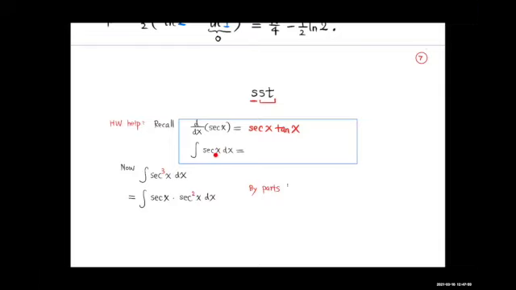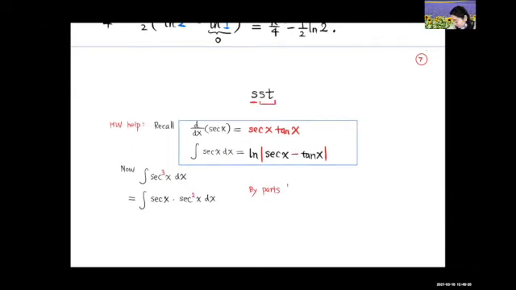Okay. Tan? No. The antiderivative is also related to secant and tangent, but in this way: ln of the absolute value of secant x plus tangent x. I think we did one example. I don't remember either. Don't feel bad.